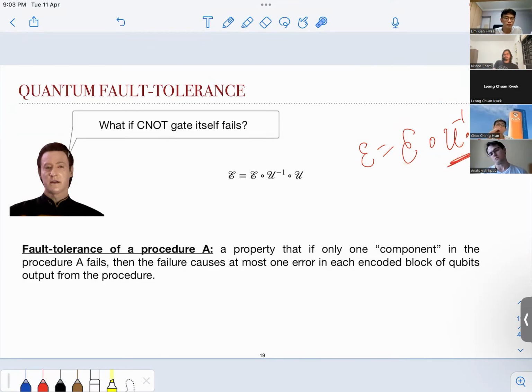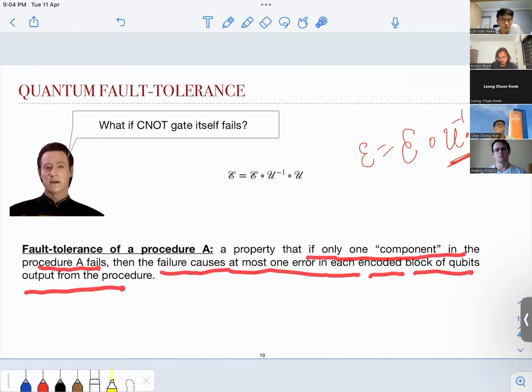So based on this, we want to talk about what fault tolerance means. What is the fault tolerance of a procedure? Fault tolerance of a procedure A is a property that if only one component in the procedure A fails, then the failure causes at most one error in each encoded block of qubit output from the procedure.